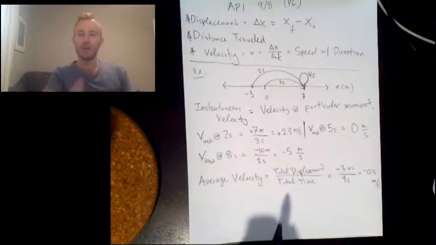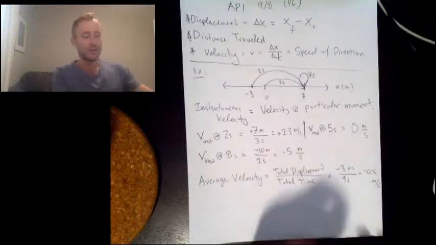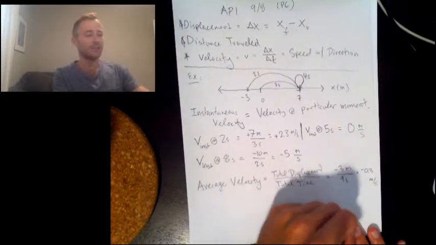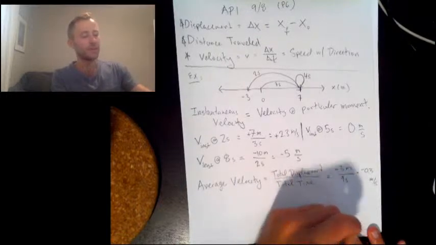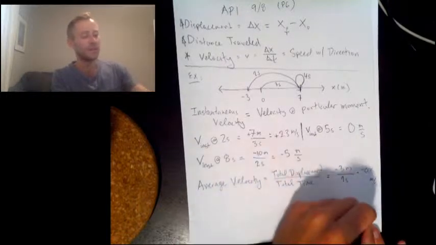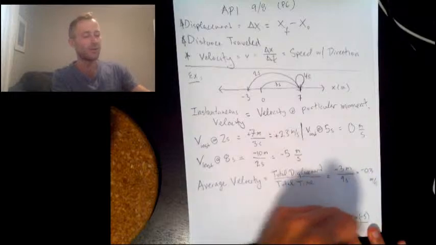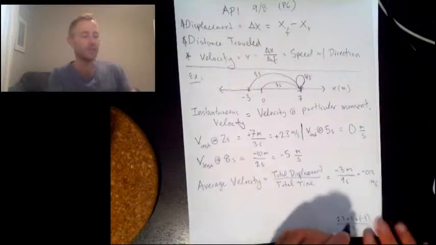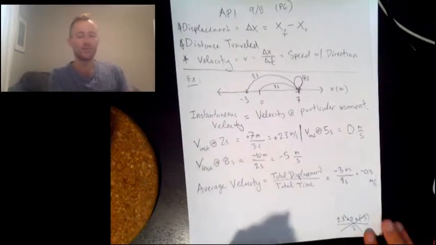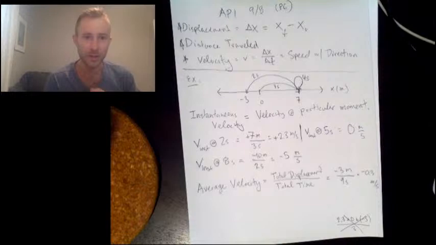One thing to keep in mind about average velocity is the average velocity is not 2.3 plus 0 plus -5 over 3. That is not the average velocity, okay? Because the average velocity takes into account the amount of time you spend at each speed.